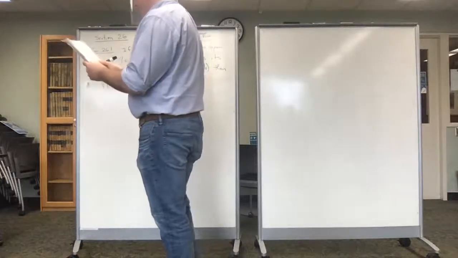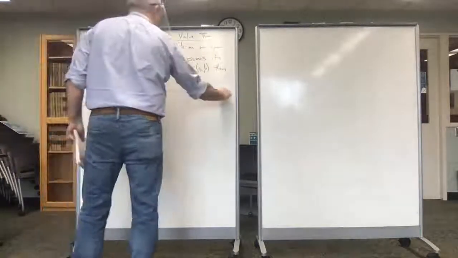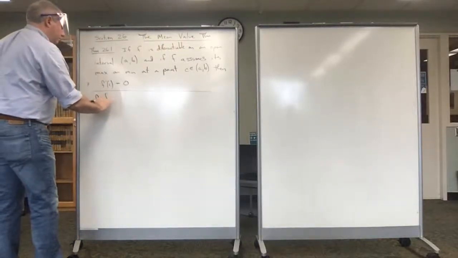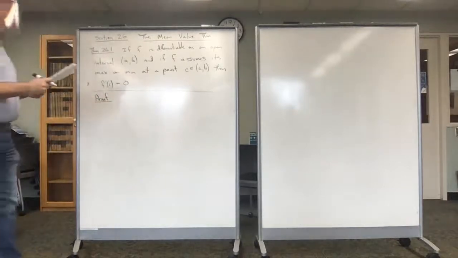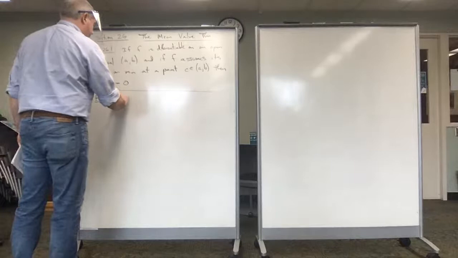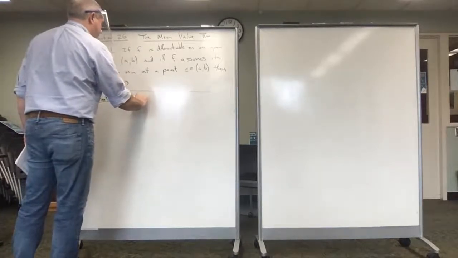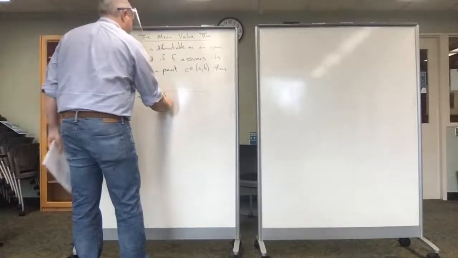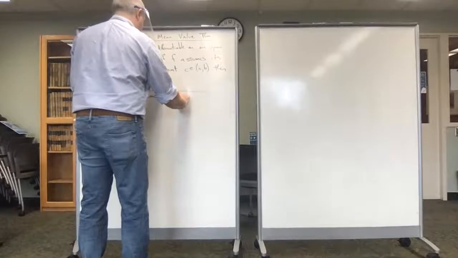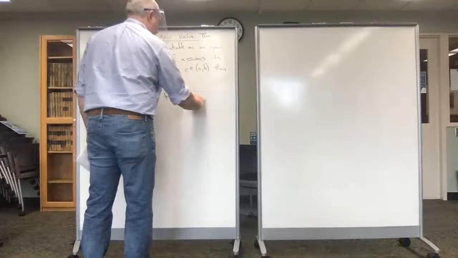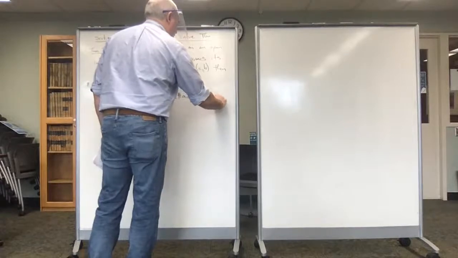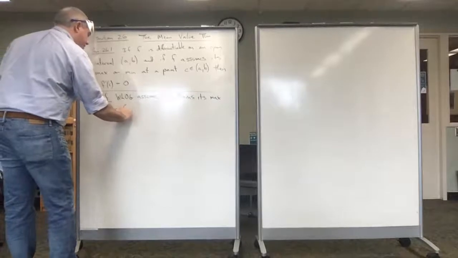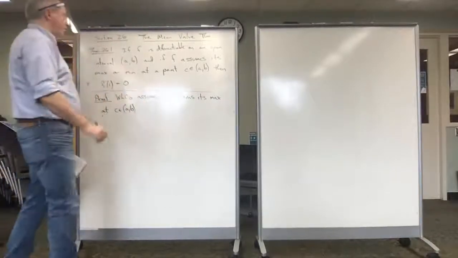So let's prove this. Proof. Without loss of generality, assume f attains its maximum value at some point c inside of (a, b).